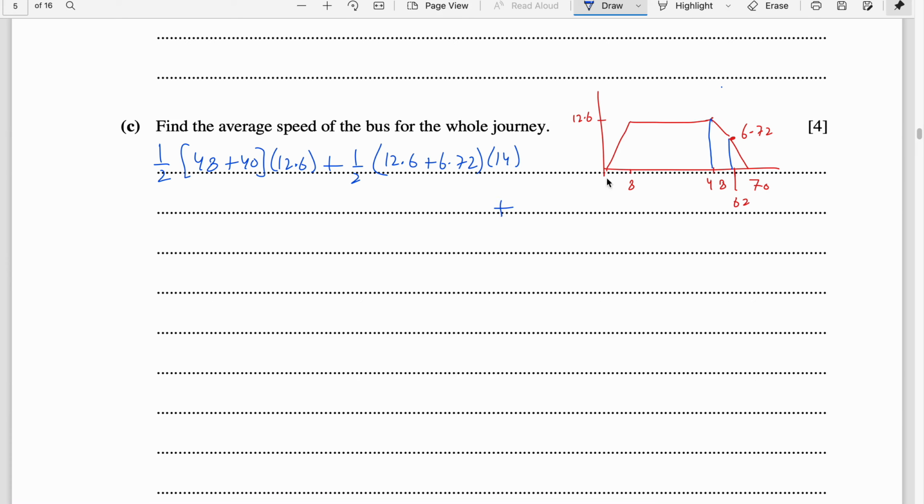For the third one, which is a triangle, is 1 by 2 into base from 62 to 70 base is 8, and height is 6.72.